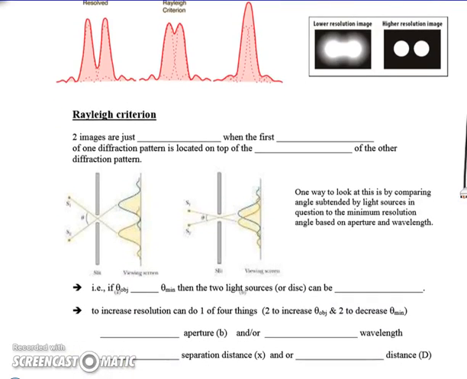Let's go down to the diagram right here. I have one source of light. It passes through the eye, and it will start diffracting and forming a single-slit interference pattern that looks, let's say, like that. There it is, a big central bright spot, and the other maxima and minima that tail off are really insignificant.